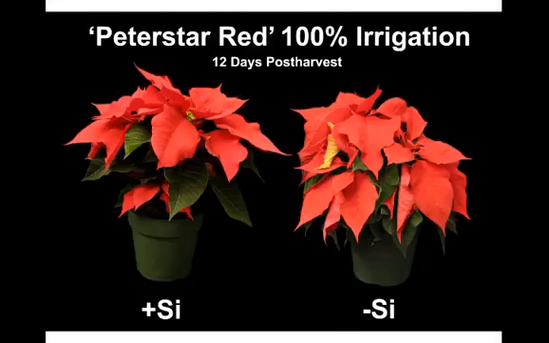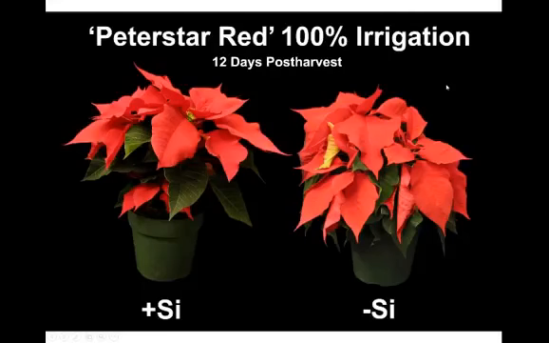And then once the poinsettias reached commercial marketability, we took the plants out of the greenhouse and brought them to a room at room temperature with fluorescent lights for 12 hours a day to emulate keeping the plant in an indoor environment. The plants were well watered before we brought them to that room, and then we stopped watering and came back to look at how many days it took them to wilt.